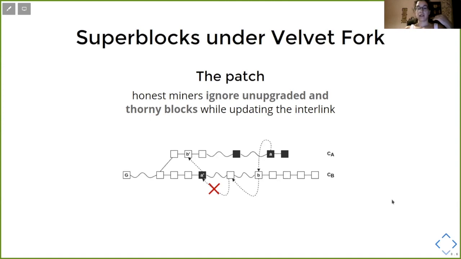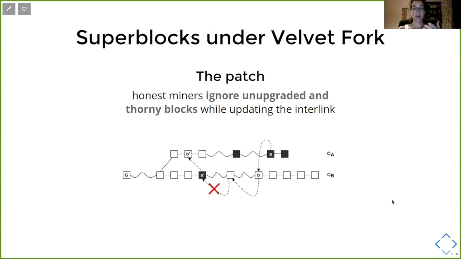While the interlink data structure is generated for a new block, meaning the superpointers in the new block, there should be no pointers that point to thorny blocks, to invalid blocks. And this is a way to not let the attacker do this jump from chain to chain.